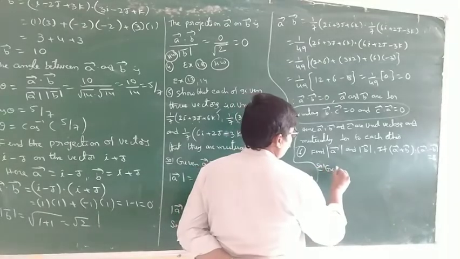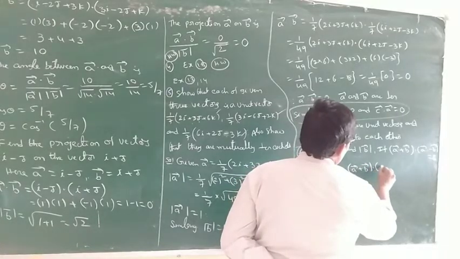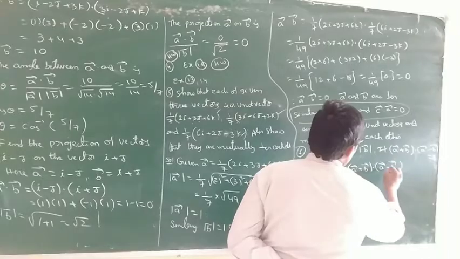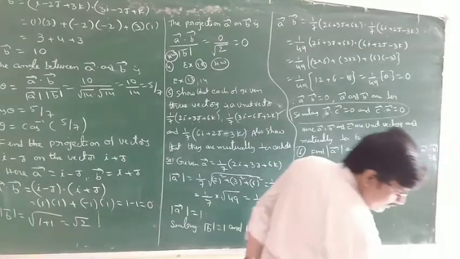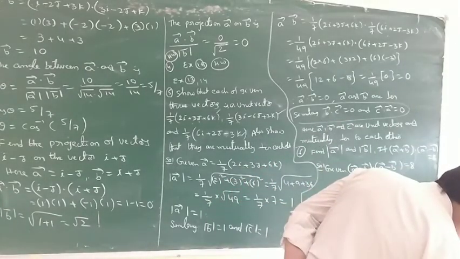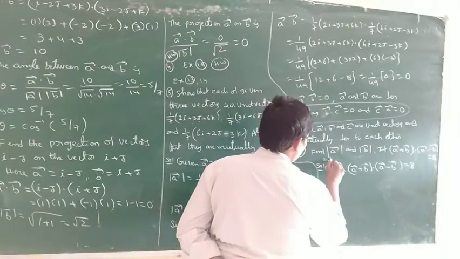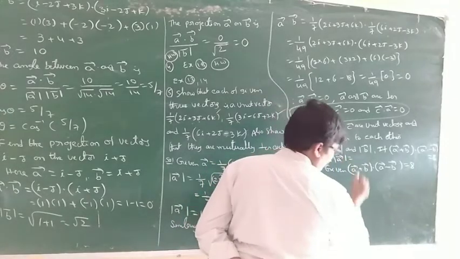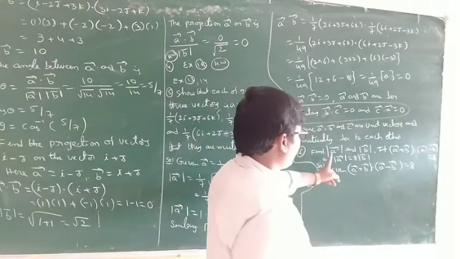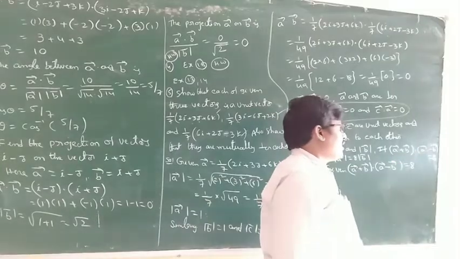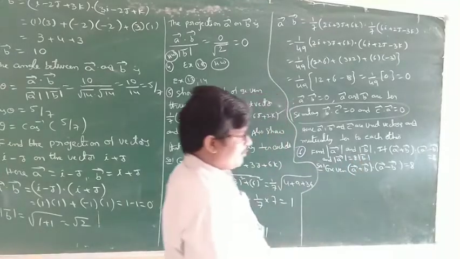Solution: given a bar plus b bar dot a bar minus b bar equal to 8, and mod a bar is equal to 8 into mod b bar.